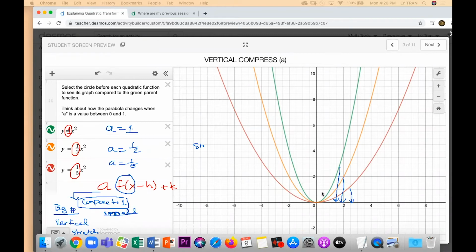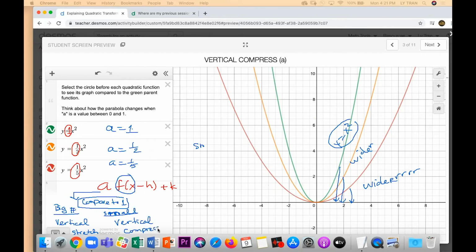The graph gets wider. Look, it's wide. This is the original parent, here we go. Then it gets wider, and then even wider and wider and wider. So it pushes everything down. So right here, we're going to call this vertical compress.